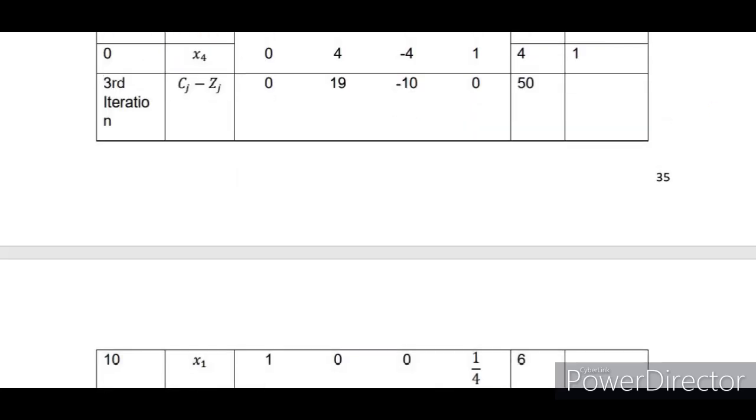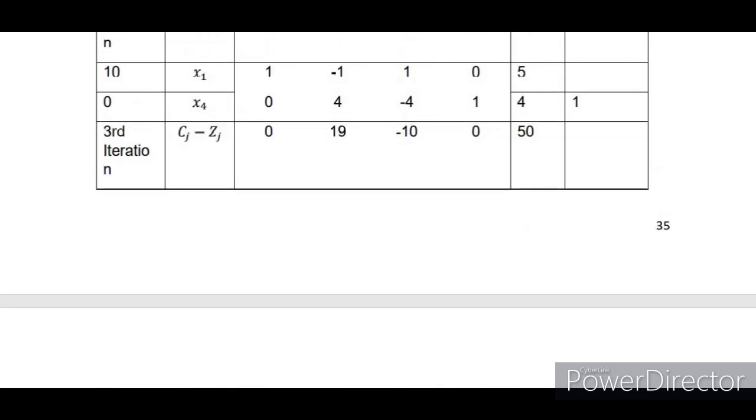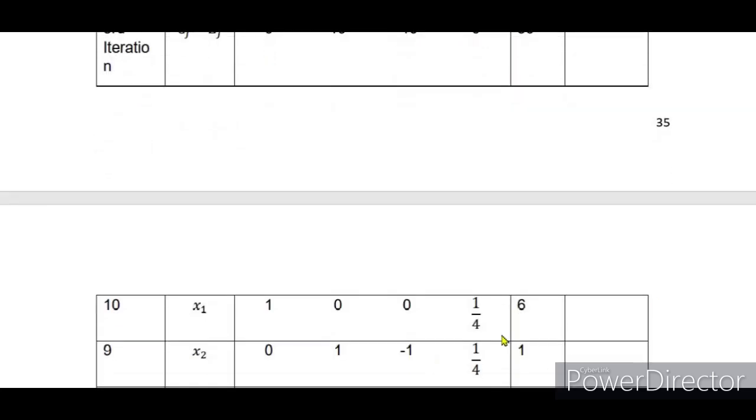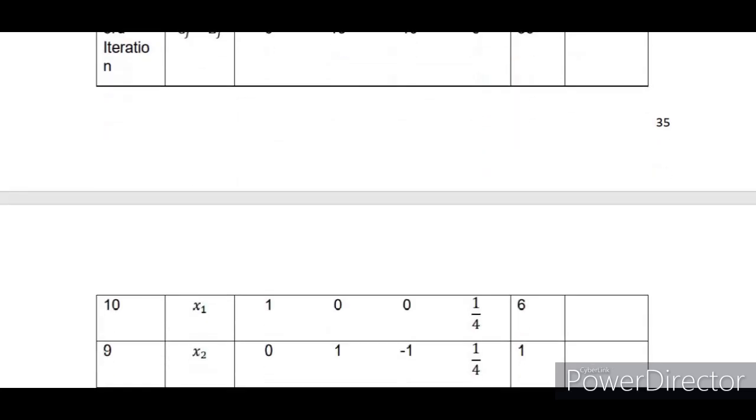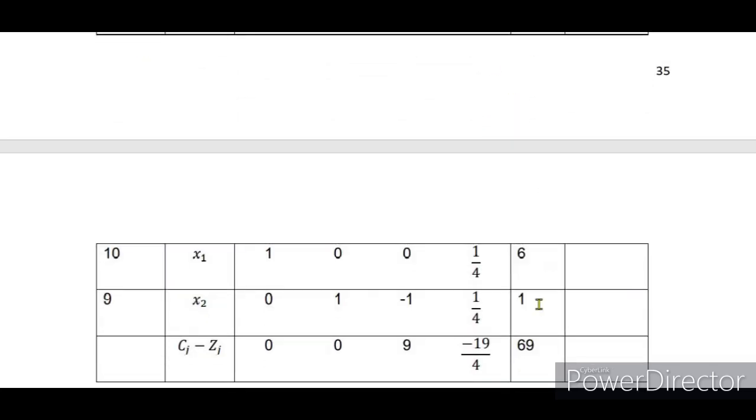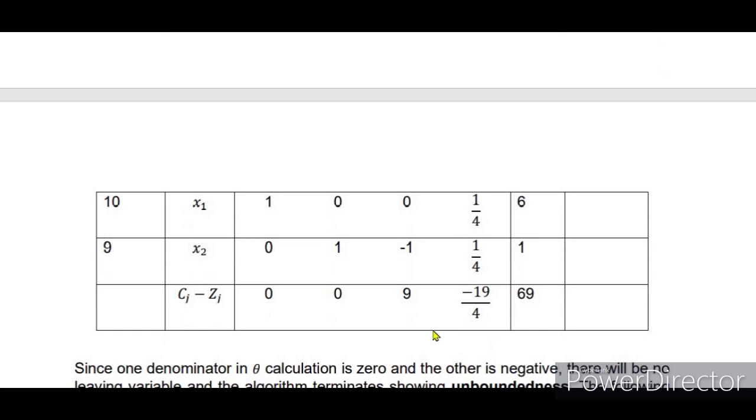Negative 4 divided by 4 is negative 1. 1 divided by 4 is 1/4. 4 divided by 4 is 1. So we have rewritten the pivot row.